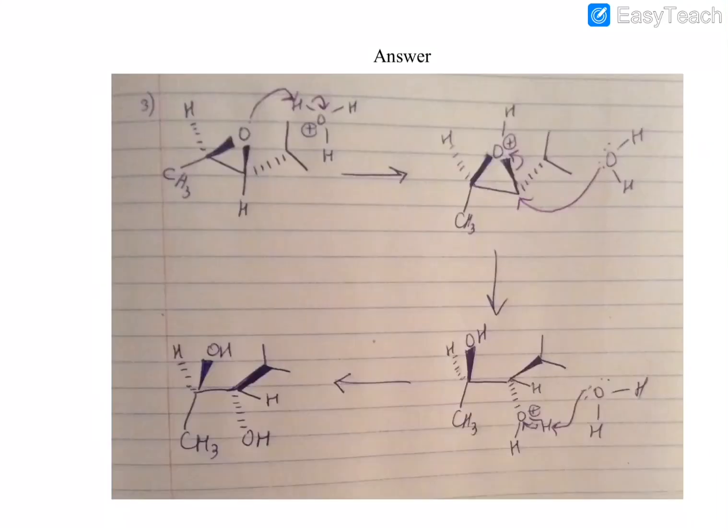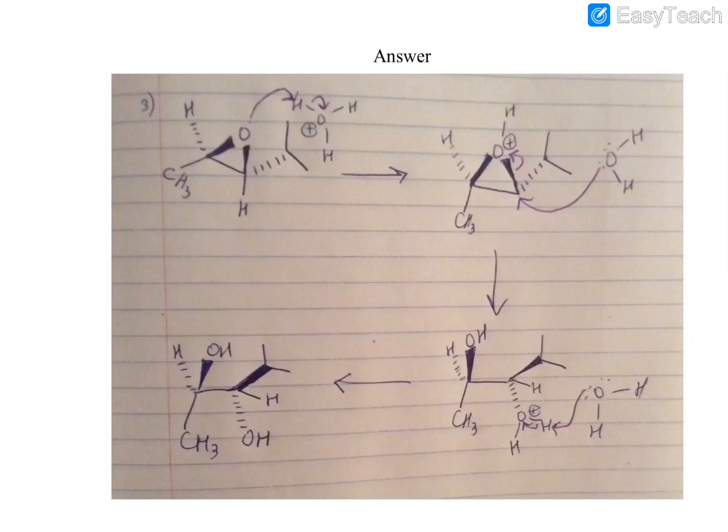For the final question, there's stereochemistry in the epoxide as well as the carbon backbone. As you can see, the isopropyl group is in the back, and the epoxide is in the front. The hydrogen group is in the back, and the methyl is in the plane of the paper with the hydrogen. So also acidic conditions because hydronium is being used, so the first step is to protonate the oxygen of the epoxide.